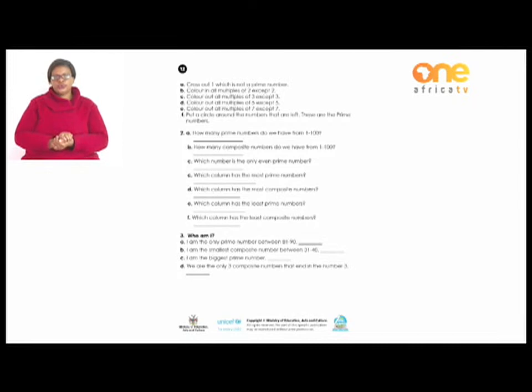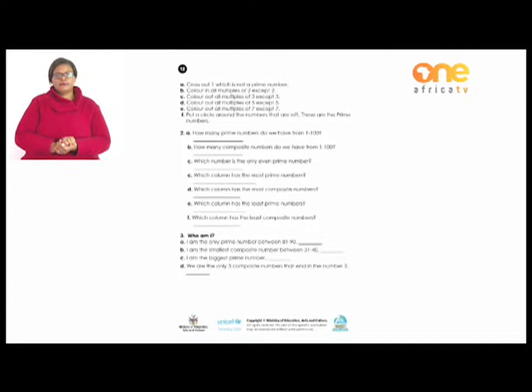So let's look at question 2. 2A. Once you are done coloring and encircling, now we do question 2. It starts by asking, how many prime numbers do we have from 1 to 100? Okay?